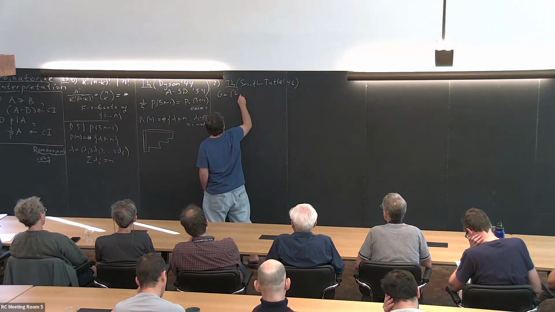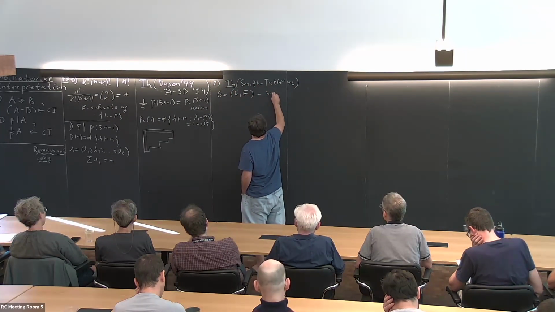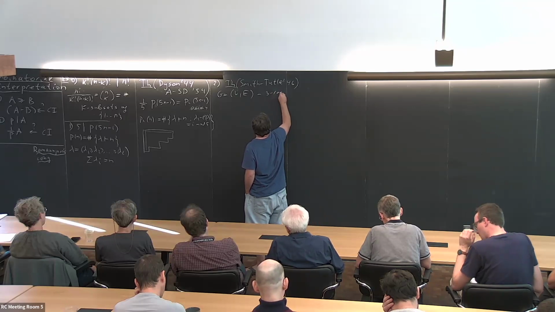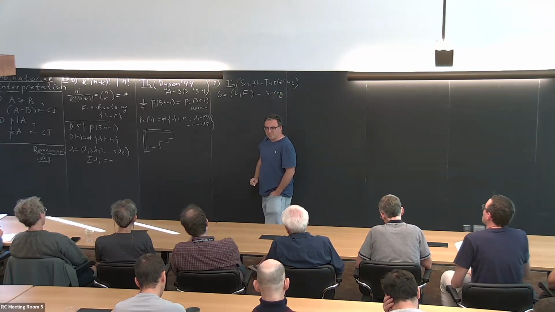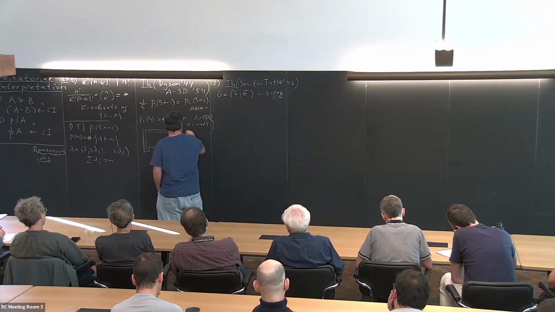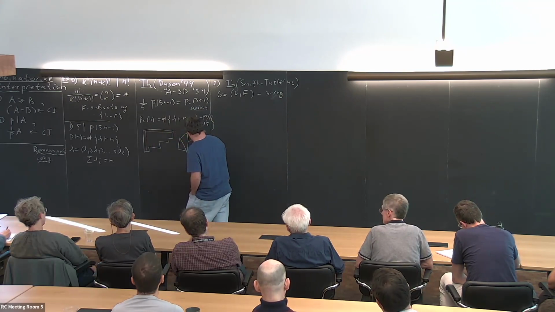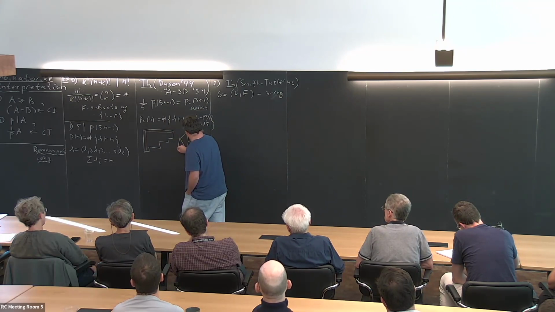Suppose G = (V, E) is a 3-regular graph. So it sort of locally looks like that, and I'm not done.